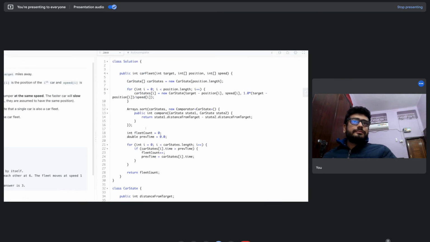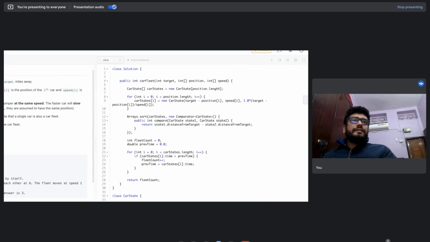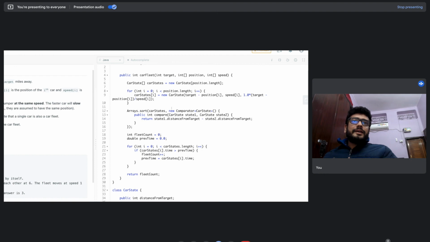So the first thing that we are going to do here is create all these car state objects. The next step, as I already mentioned, is going to be sorting all these car states by their distance from the target. So we are going to sort them in decreasing order.